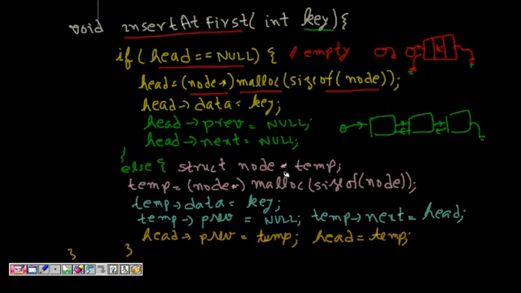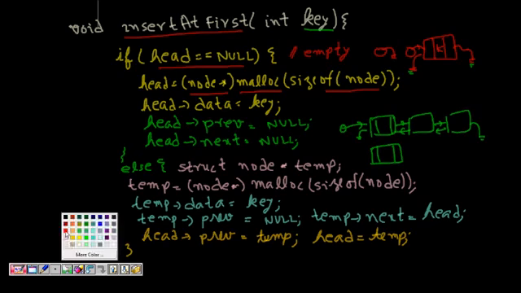Okay, so there were some element, and now so temp I made struct node start temp I did, and temp is equal to malloc size of node I did, so I got one element like this.